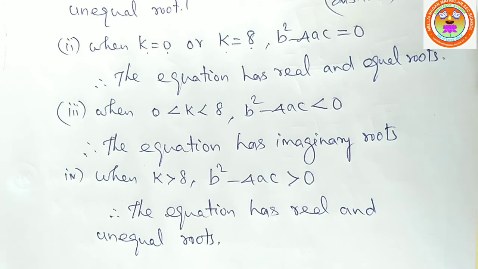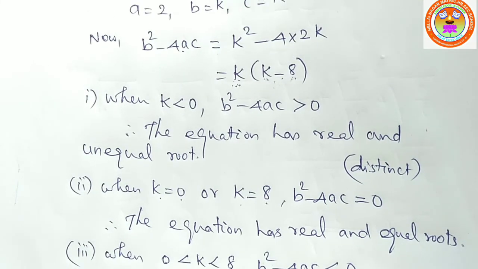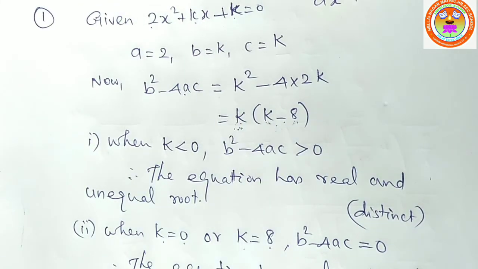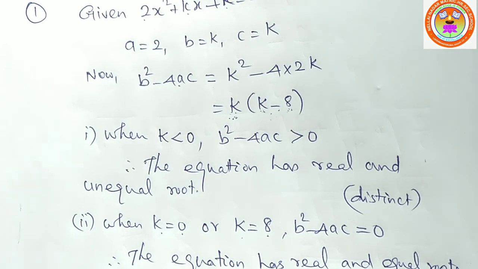There are 4 cases. So we applied different values for k. When we are applying different values of k, this equation is getting different types of roots. Is it clear?